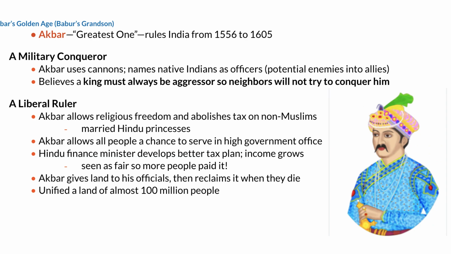Sort of like Genghis Khan, sort of like Timur the Lame, sort of like Babur. That's how you get rid of potential enemies. If you do it my way, we're going to get along just fine. If you choose to do it some other way, we're going to have some issues. He also believed that a king must always be the aggressor, so his neighbors won't conquer him. So if you challenge me, I'm going to make an example of you.